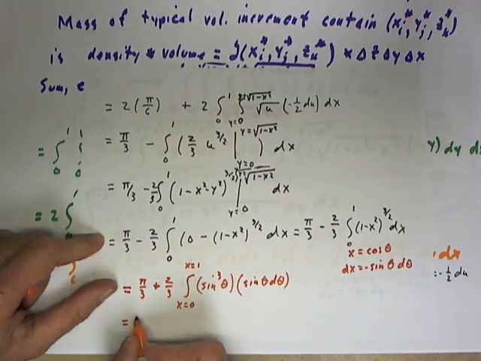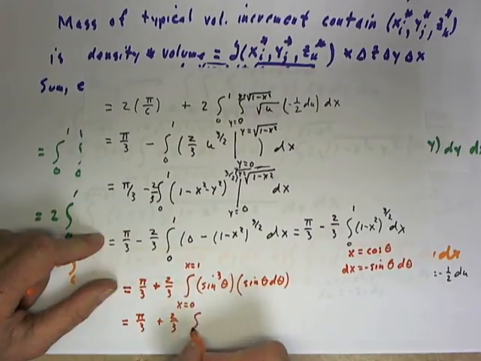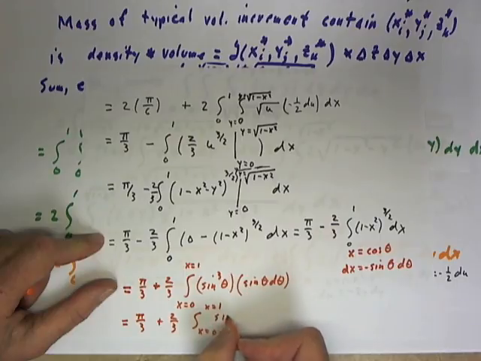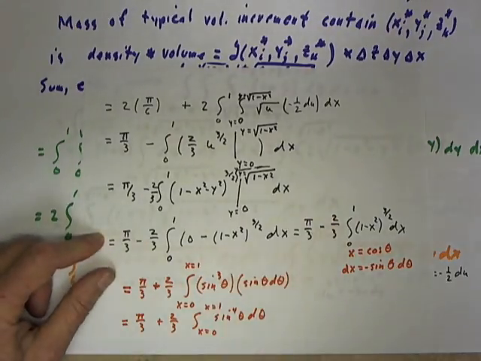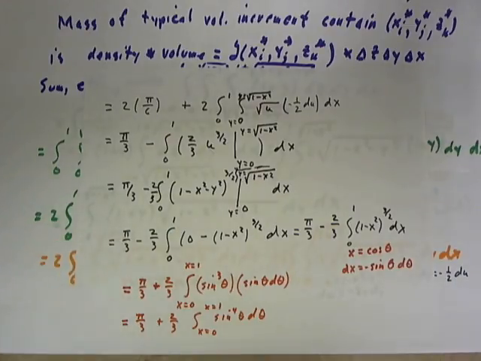So now we have pi over 3 plus 2/3 the integral from x equals 0 to x equals 1 of sine to the 4th theta d theta. Now, integrating sine to the 4th theta takes a few steps, and I'll sketch those steps, but I'm not going to go through them in complete detail.